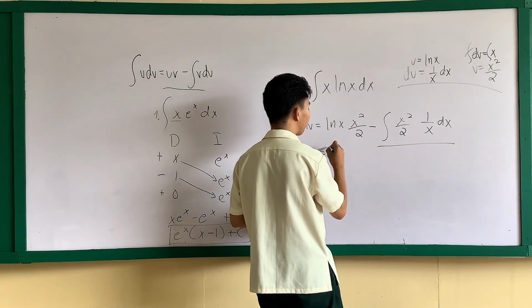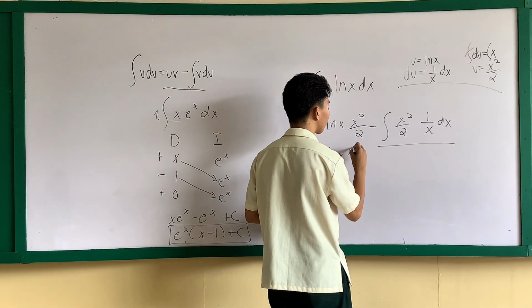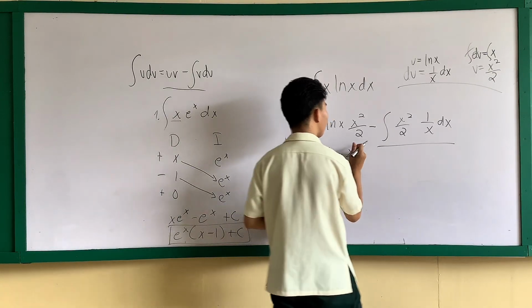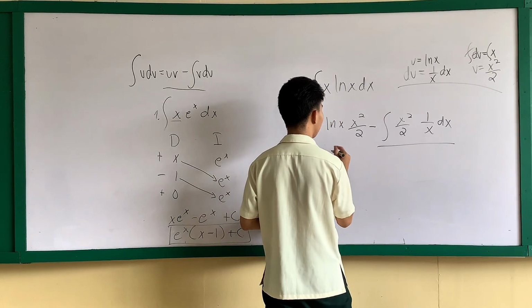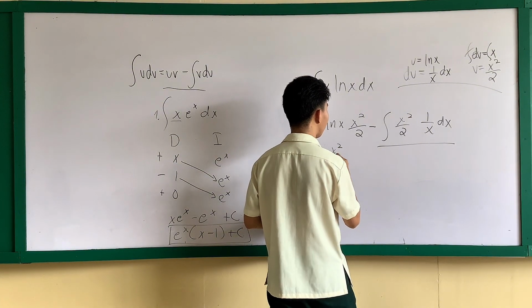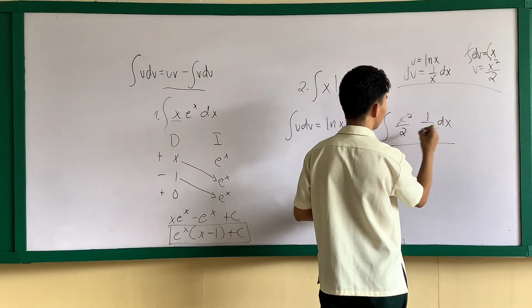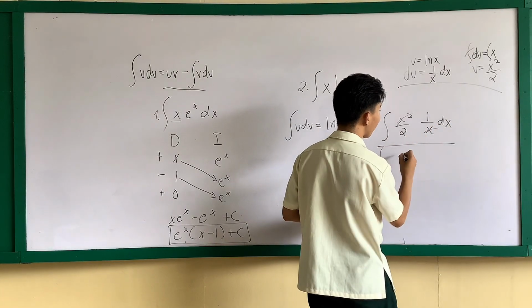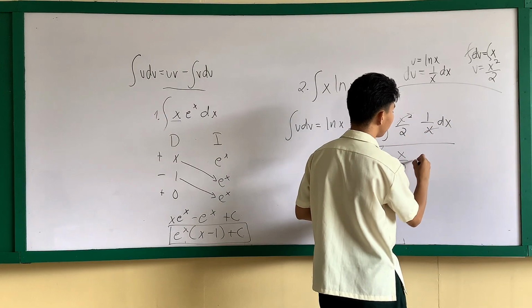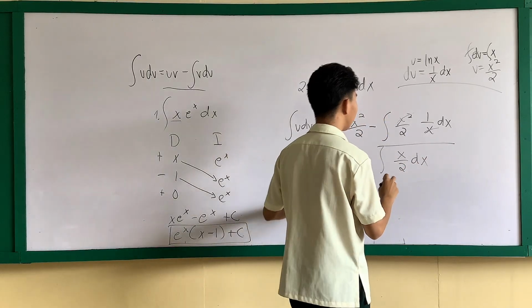So just copy the first term, ln x times x squared over 2, or we can rearrange this into x squared over 2 ln x minus, we can cancel this, it's going to be x over 2 dx.